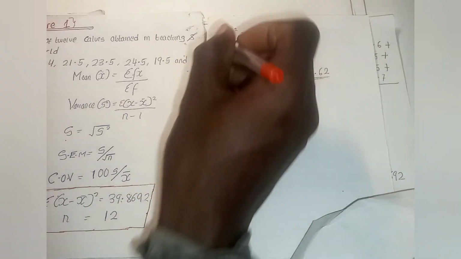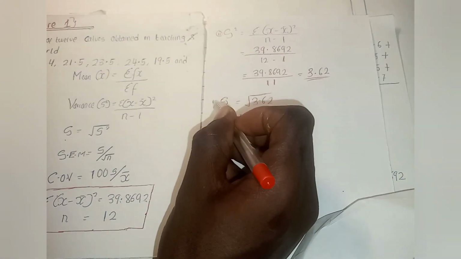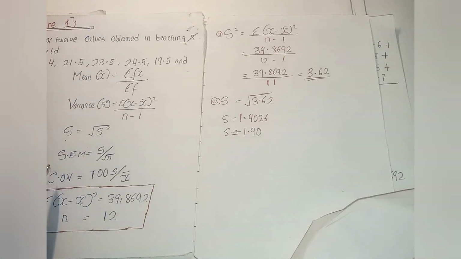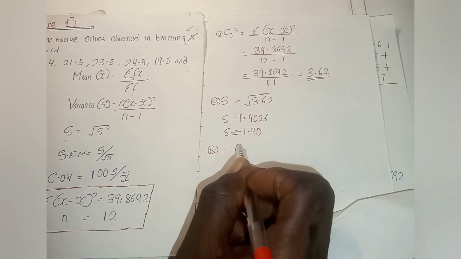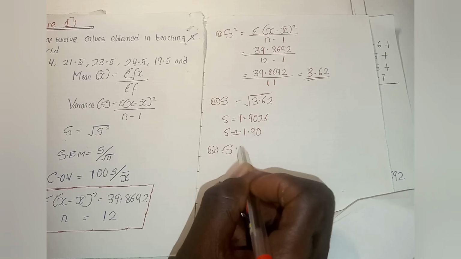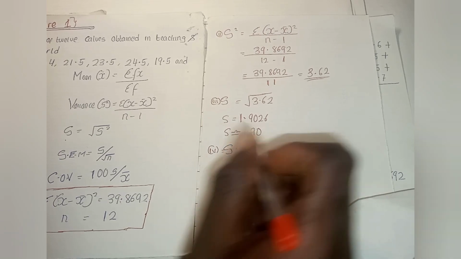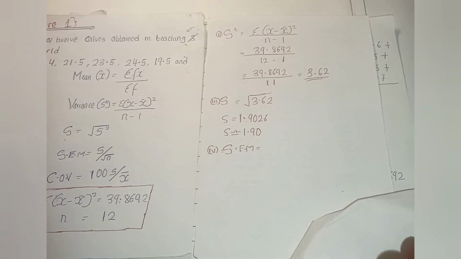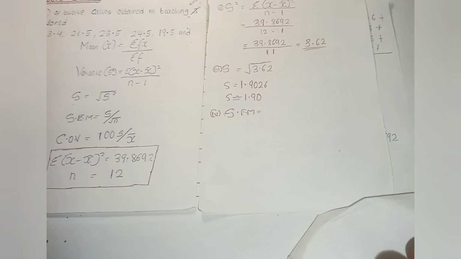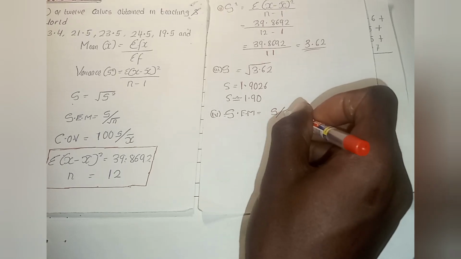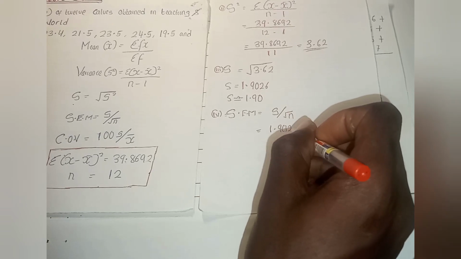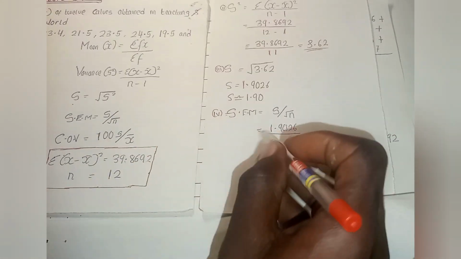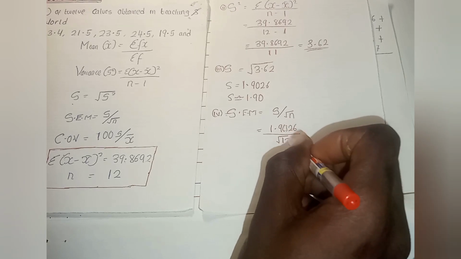My standard error of mean, this one is number 3. My standard error of mean, SEM, is equal to s over root of n. I have my s as 1.9026 all over root n. My n is 12, so I will have the square root of 12, which is 3.4641.